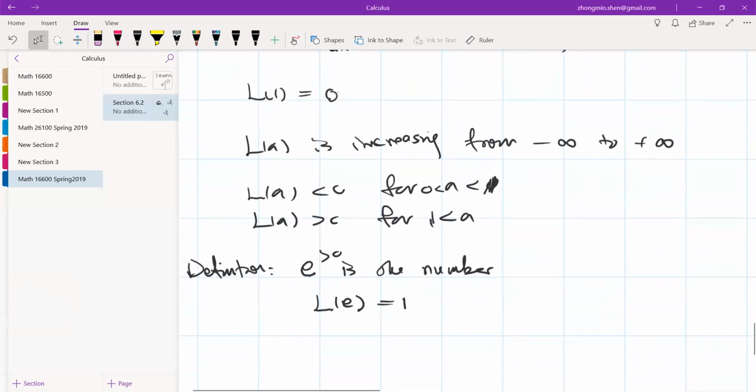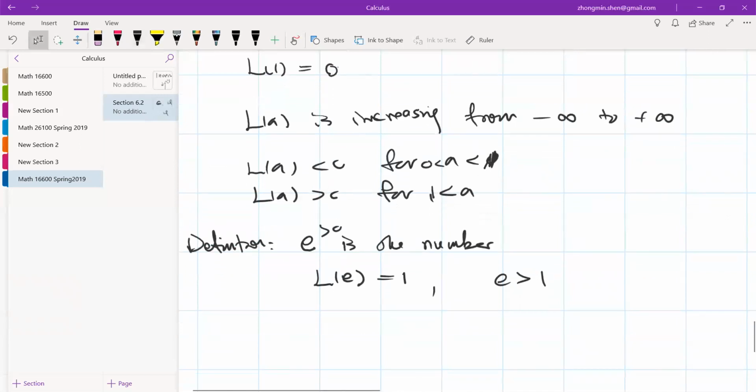That particular number e should be greater than 1. I don't know the exact value, but I know there is a mystery number there.